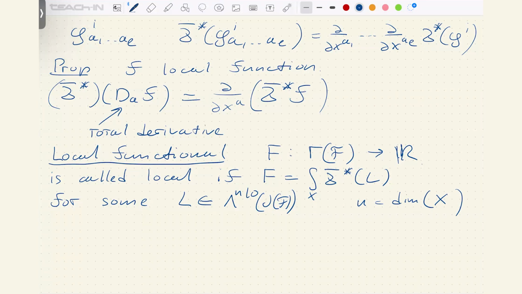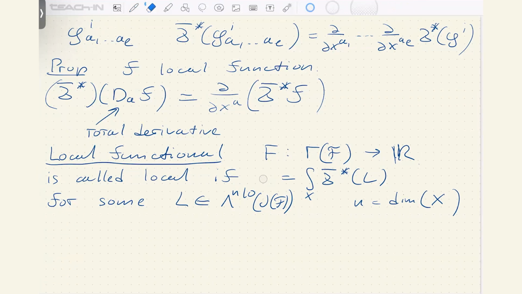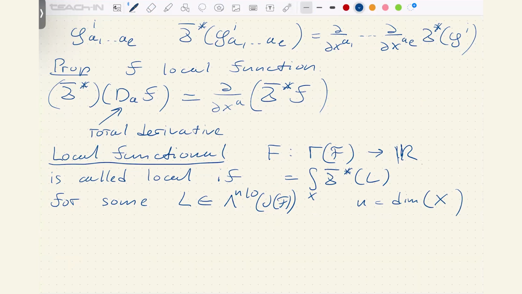Then we pull it back by our section sigma, and this gives us the value of our functional on this section, right? So our functional takes sections and gives numbers.